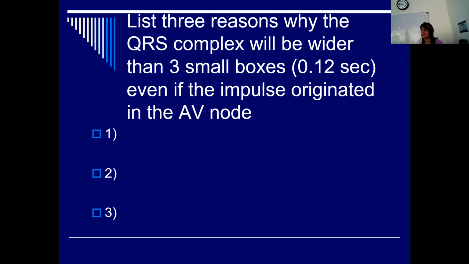Fibrotic tissue is scar tissue. So when the cardiac conduction is spreading through dead muscle tissue, it's going to take longer.